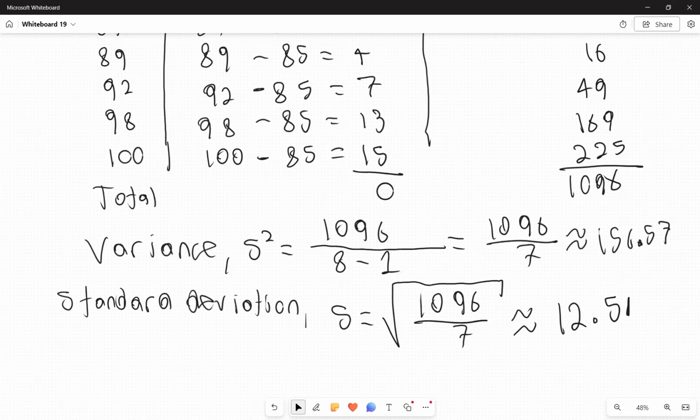The next example is going to be the standard deviation of a frequency distribution. I will need 3 more columns for the standard deviation of a frequency distribution. It doesn't tell you step by step the way they did for the standard deviation, so I'll just copy the formula and we're going to do the next example.